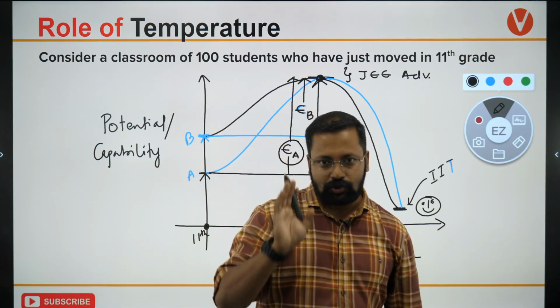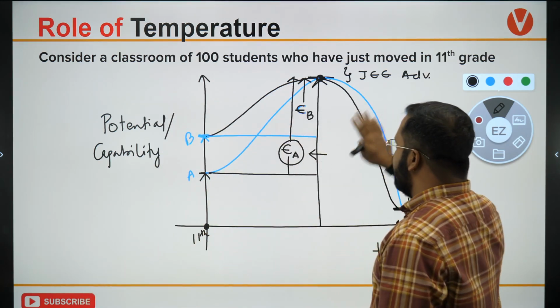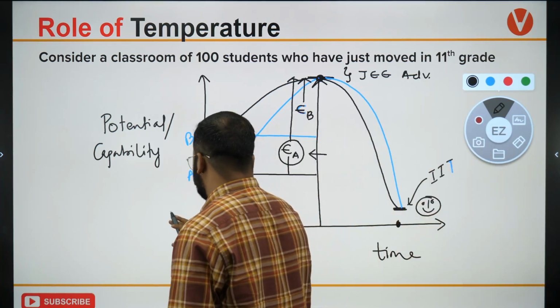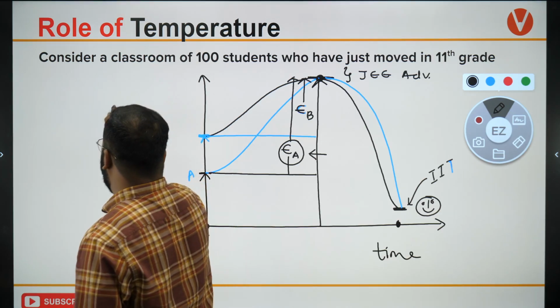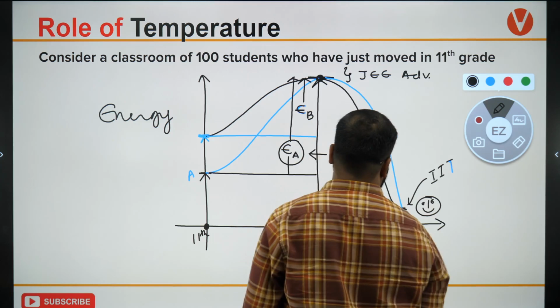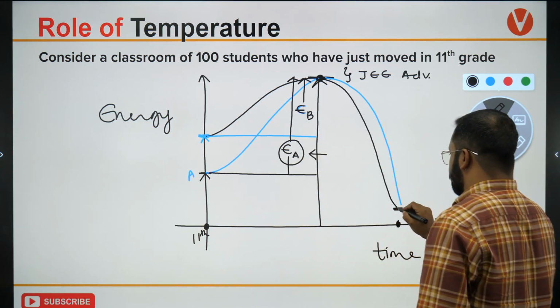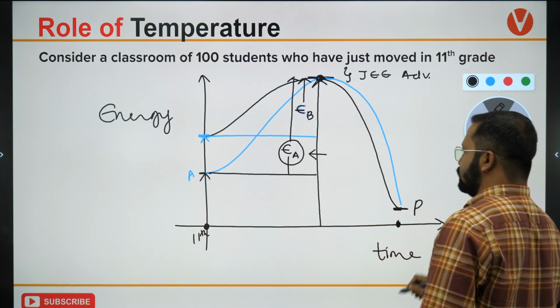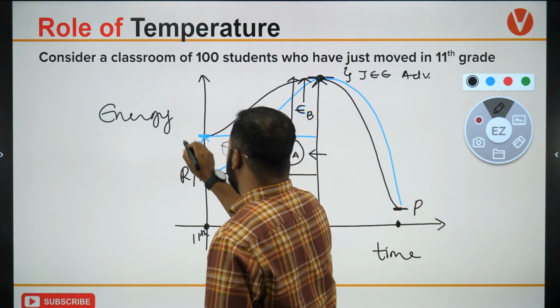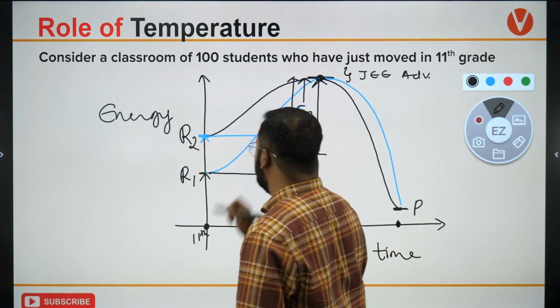Very good. So if I convert this for a reaction, then this will become energy. This will become time. Happiness is products. This will be reactant 1. This will be reactant 2.